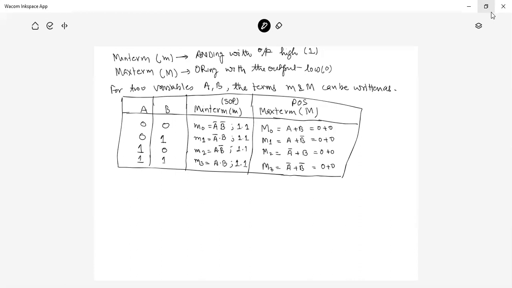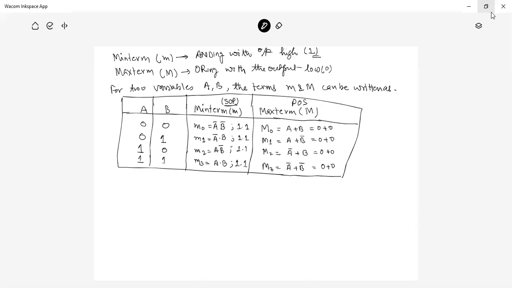So our objective is to find out one, high, for the min term. The word is min, but we know high output. Here it is a max term, and the output is low. The symbols are, for min term it is small m, and for max term it is capital M. So SOP is min terms and POS is max terms.